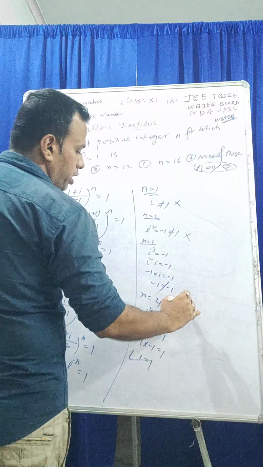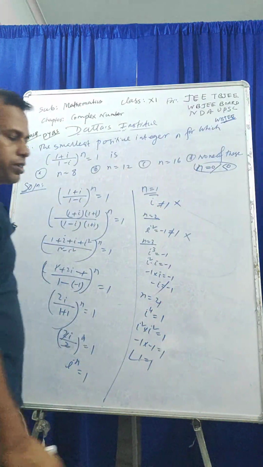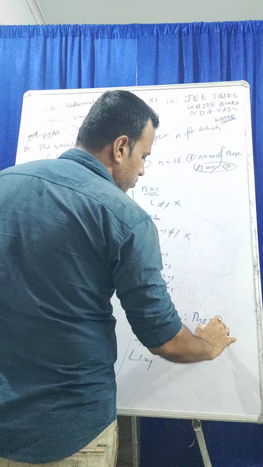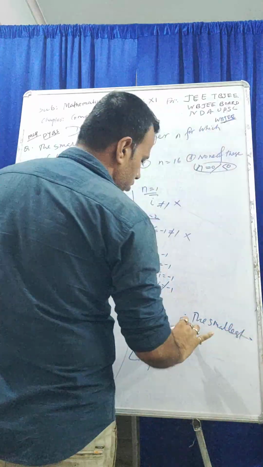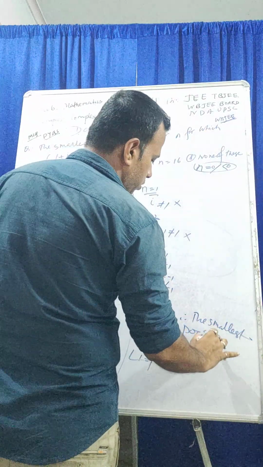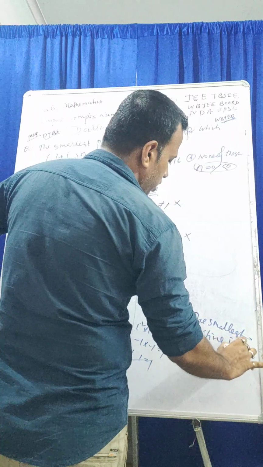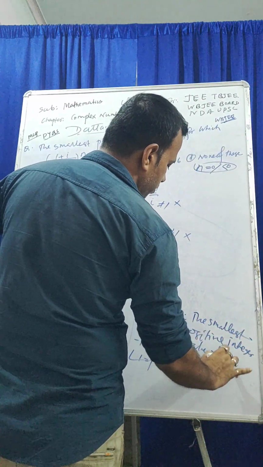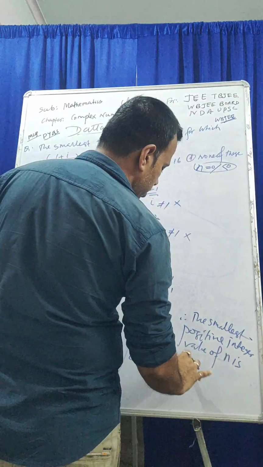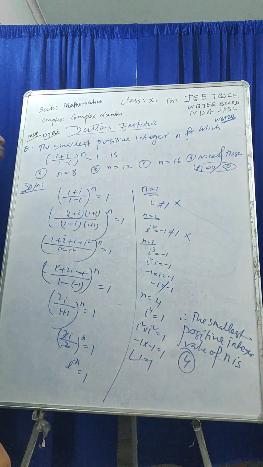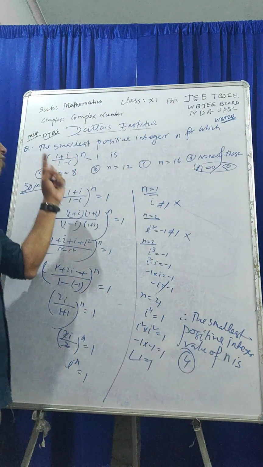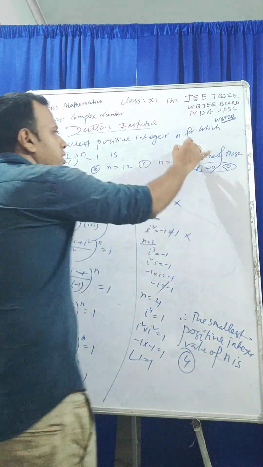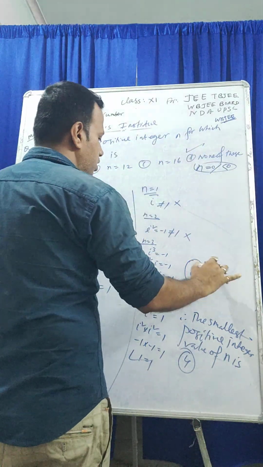So the smallest positive integer value of n is nothing but 4. So which option is correct? Not A, not B, not C, none of these. Option D is the correct answer here.